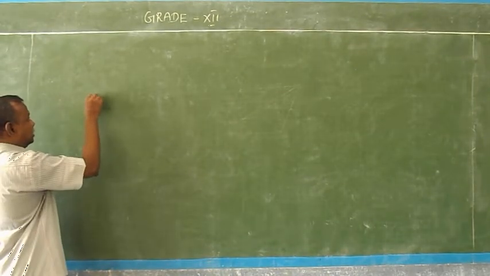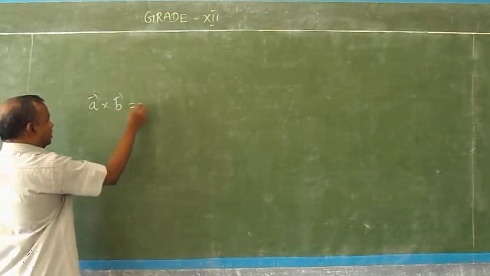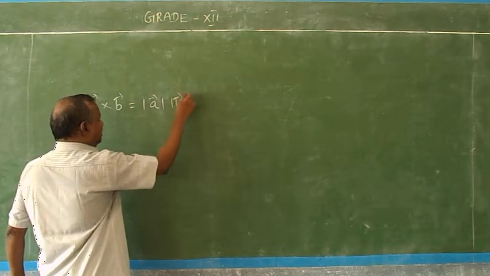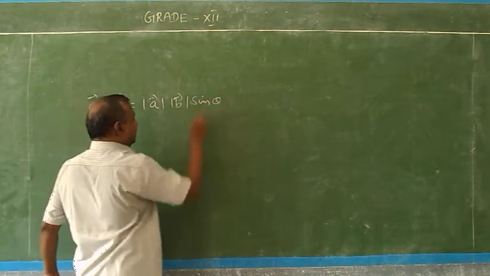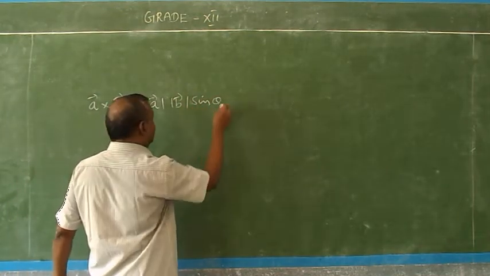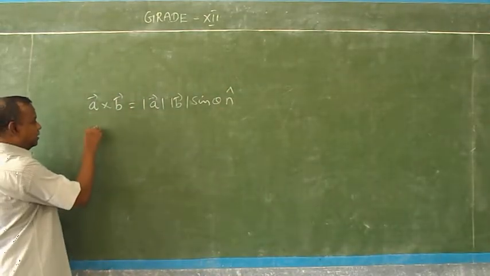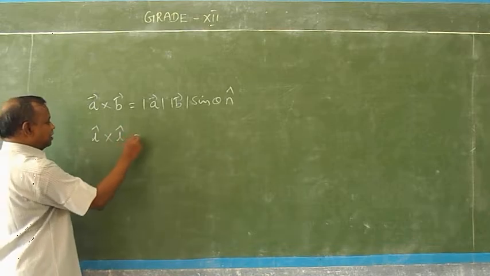Now, once again, A vector cross B vector equals modulus of A vector into modulus of B vector into sin theta and n cap. Now what about i vector cross i vector, that is i cap cross i cap?